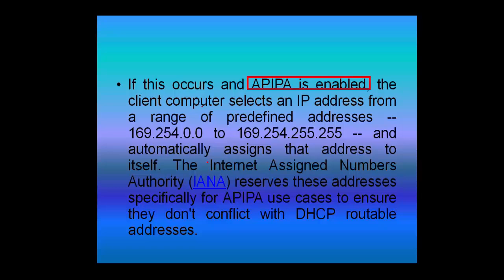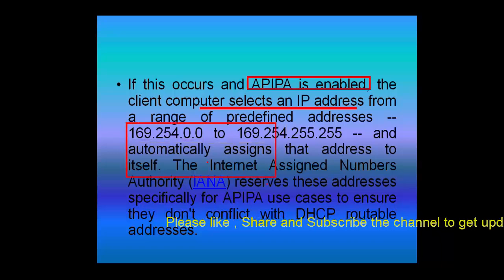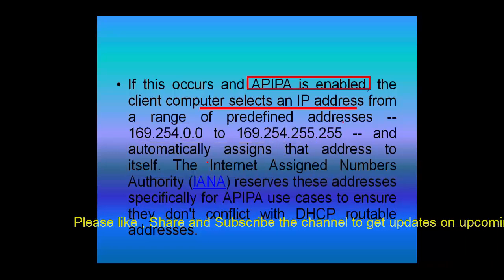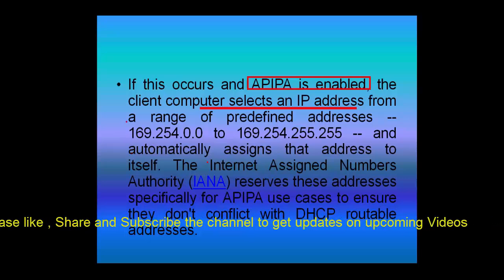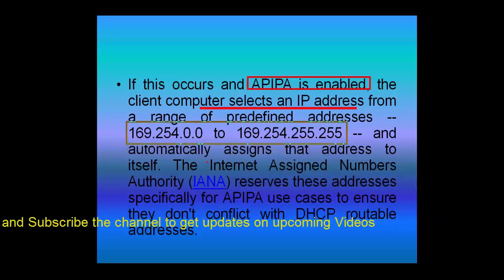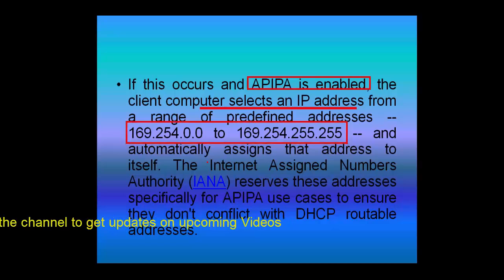A client computer selects an IP address from this range. This is the APIPA range. Keep it in mind. This is the APIPA range: 169.254.0.0 to 169.254.255.255, and it automatically assigns that address to itself.